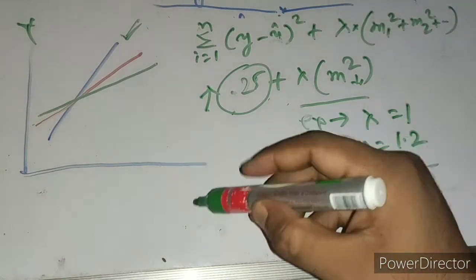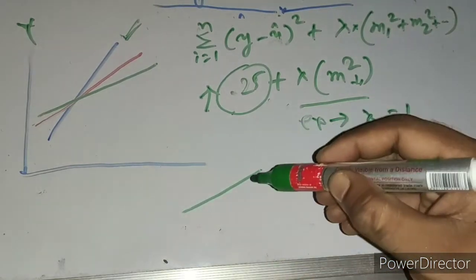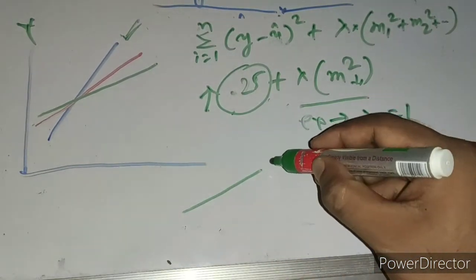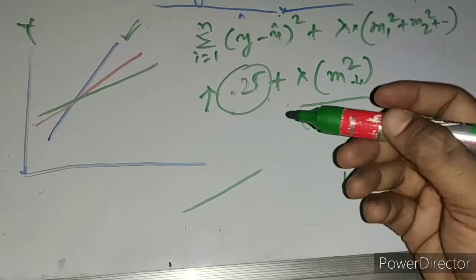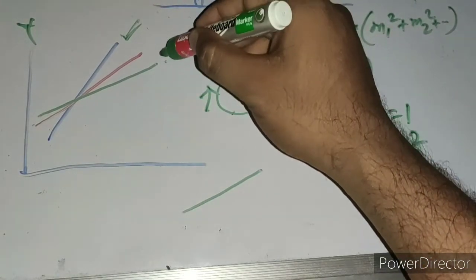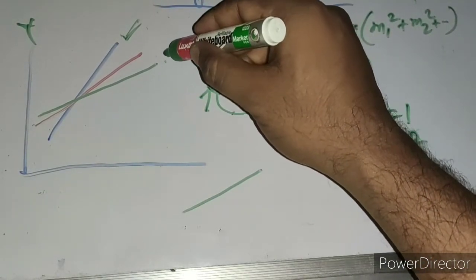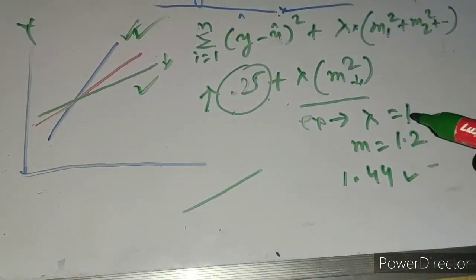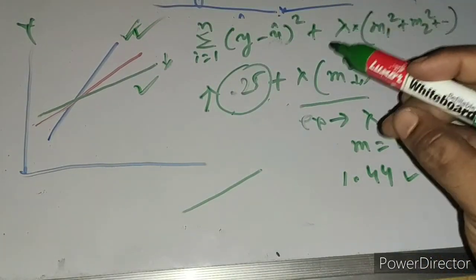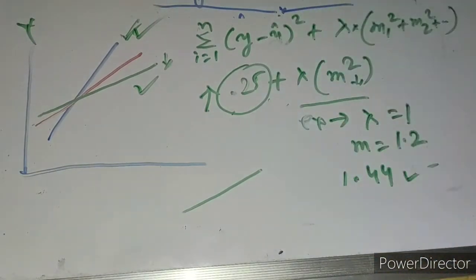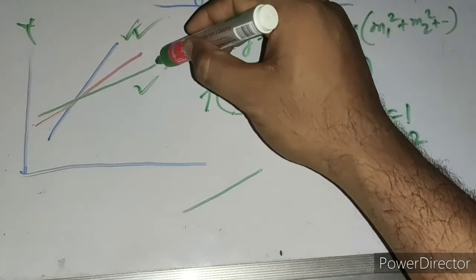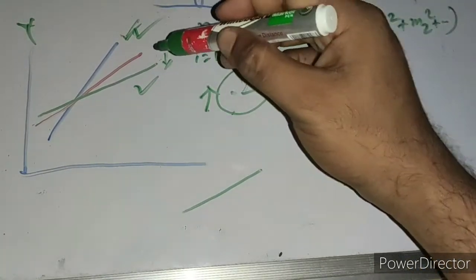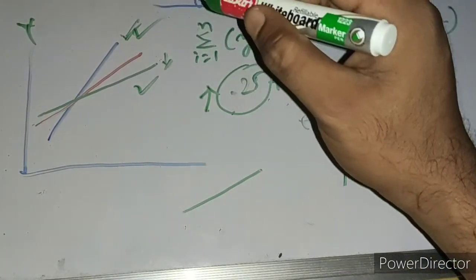Even though this new line is not best fit, the stiffness has been reduced. Now it is more generalized than the earlier one. The earlier one was fitting 100% to the training dataset, but it was not fitting our testing dataset. Now this new line won't fit 100% to the train dataset.